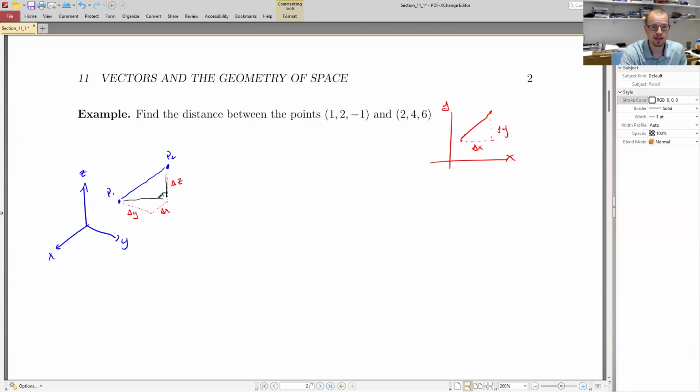This distance here, let's label it this way, is the square root of the change in y squared plus the change in x squared.